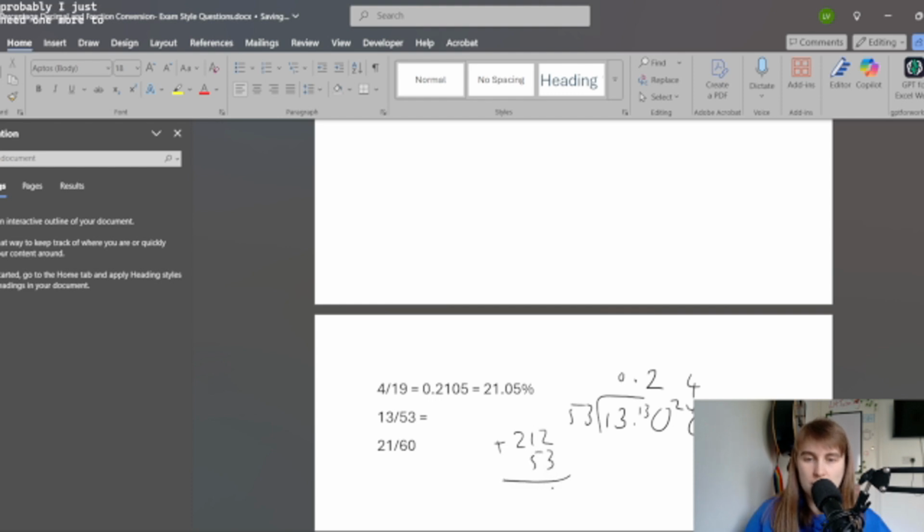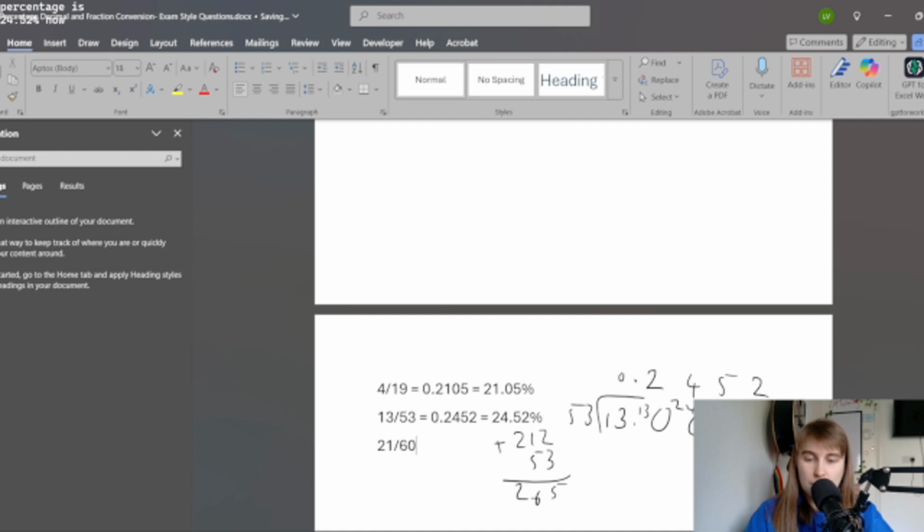So I'm just going to add a 53 to that. So 265, which is close to 280, with a remainder of 15. So that would have been 5 53s. And then into 150, there's going to be 2 with some remainder, but we're going to stop there. So my first 4 digits are 0.2452, which means my percentage is 24.52%.